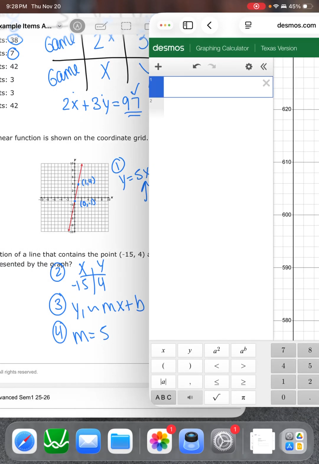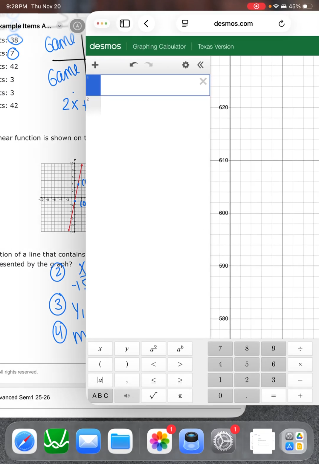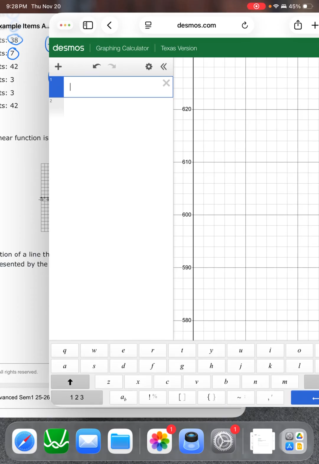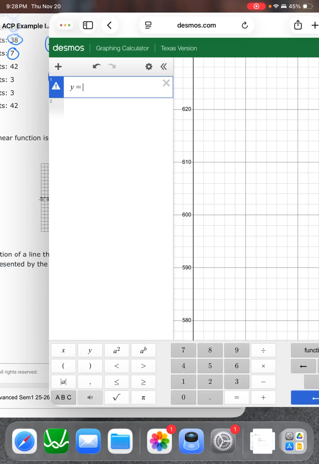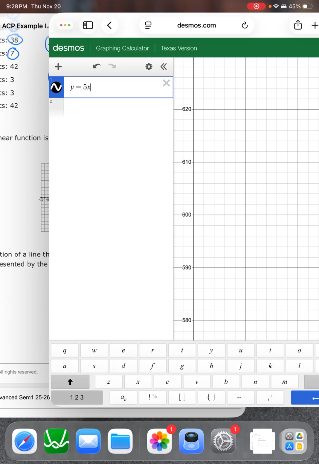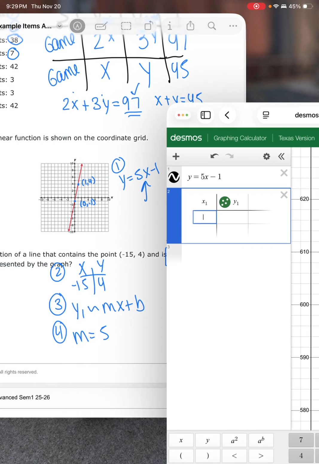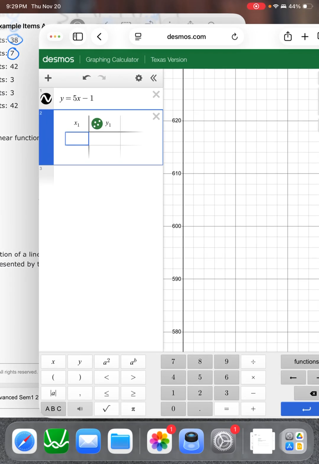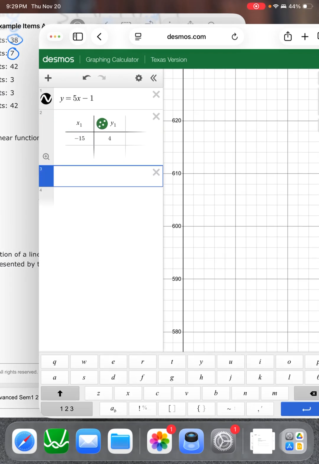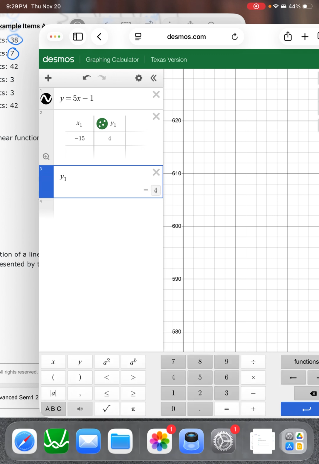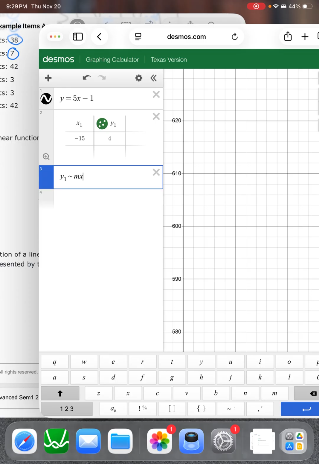So I have y equals 5x minus 1. Step 2 is my table with my point, which is -15 and 4. Step 3 is to enter in our equation, y1 tilde mx1 plus b.